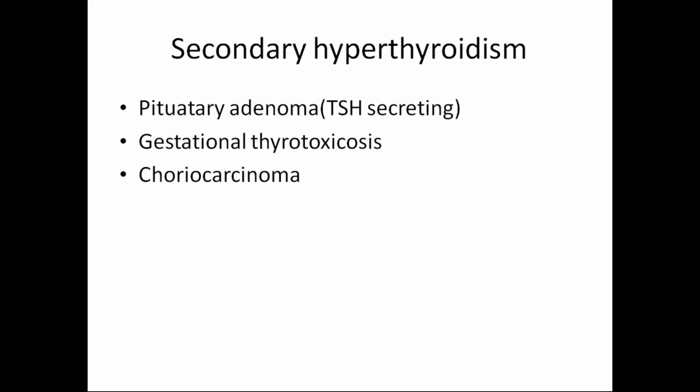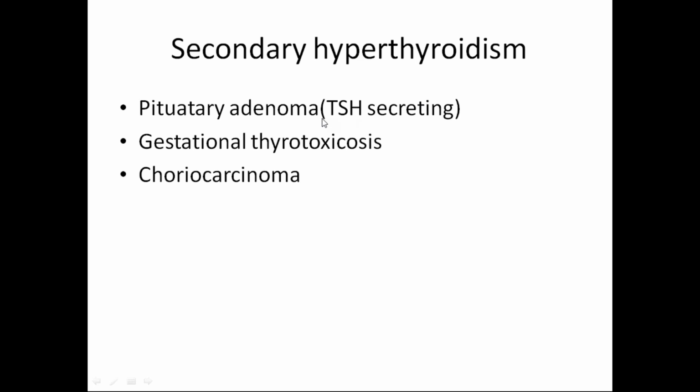So when there is any abnormality, such as a pituitary adenoma which is hypersecreting TSH hormone, then this excess TSH acts on the thyroid gland and it will release T3 and T4 hormones. So that is the cause of secondary hyperthyroidism.